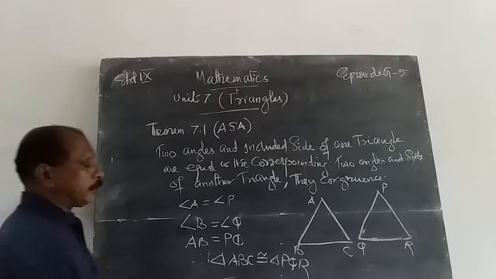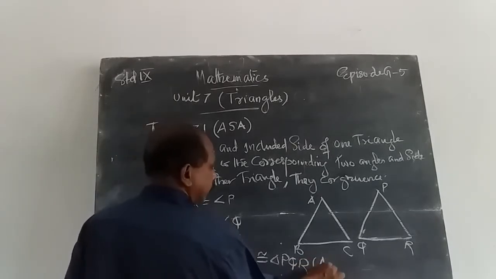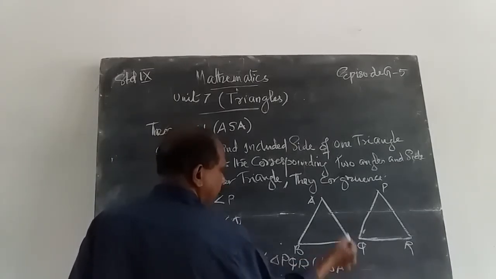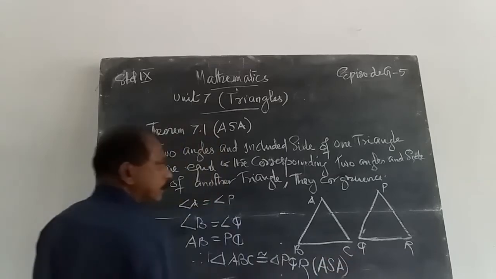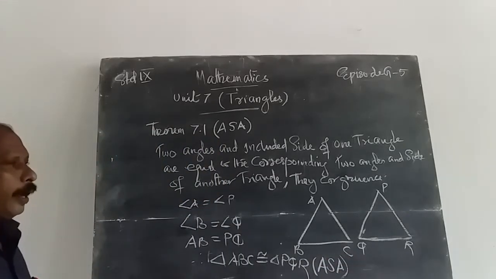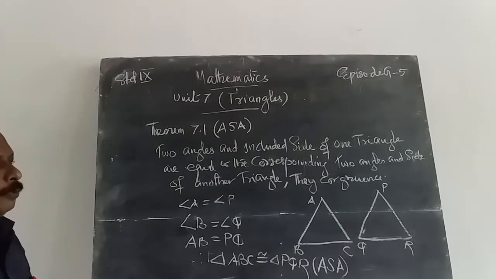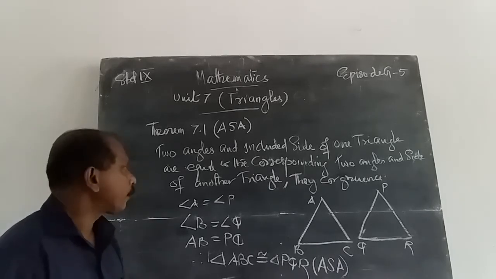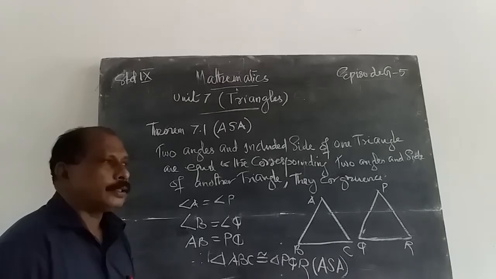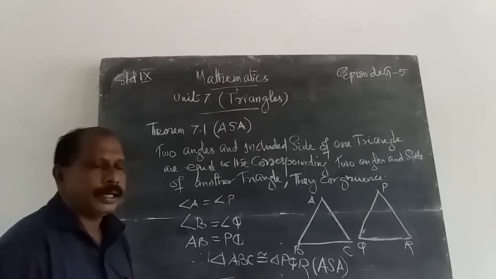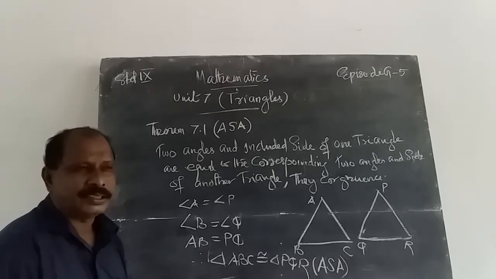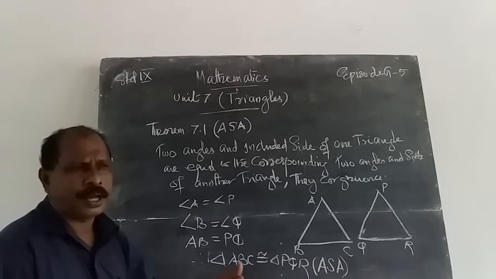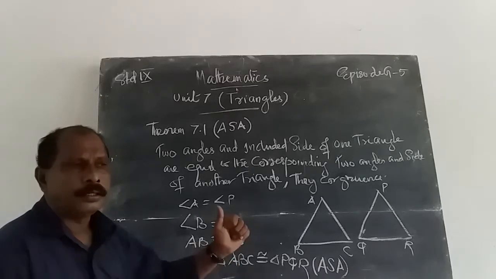This is known as... First one is SAS criteria, second one is ASA. That is angle side angle.